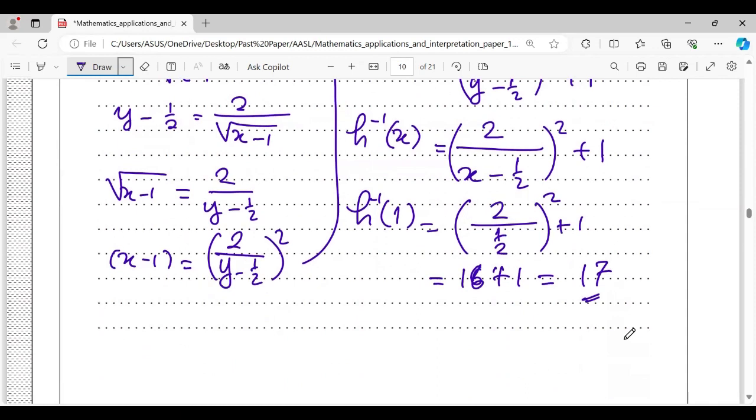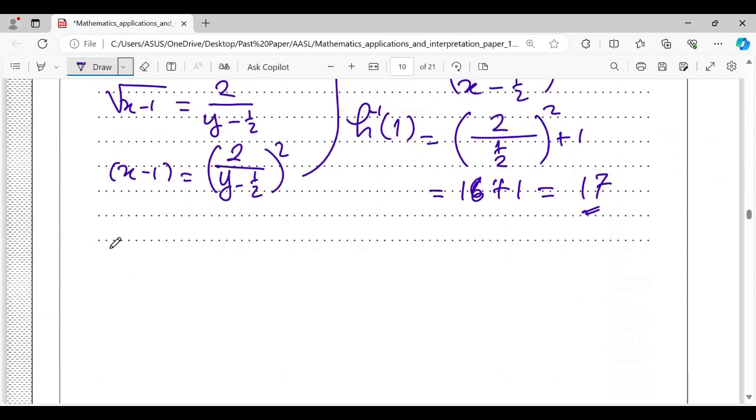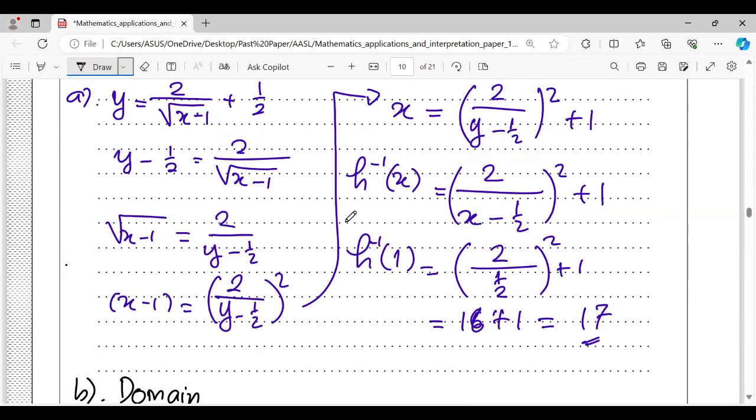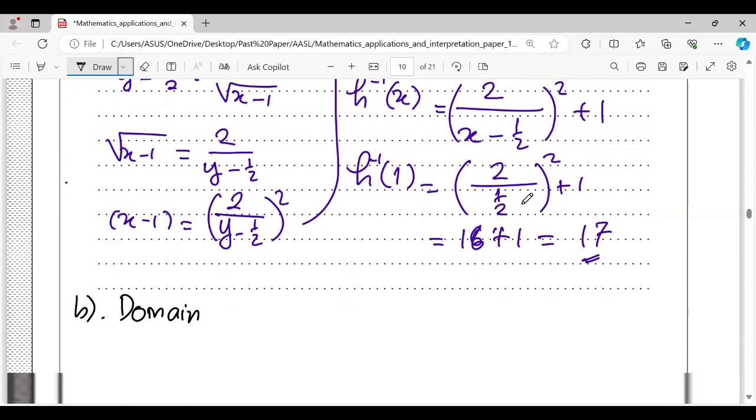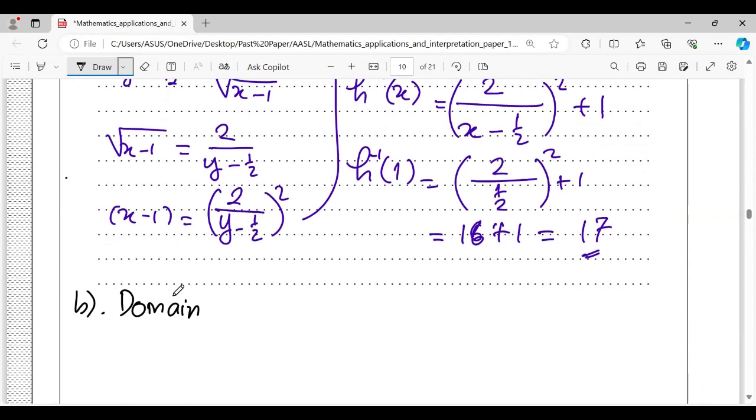Find the domain. The domain: x minus half greater than 0.